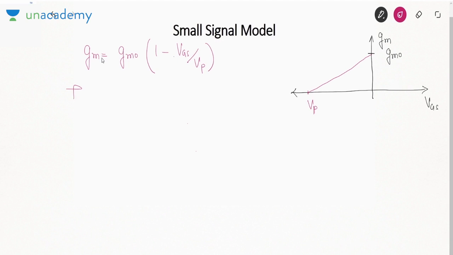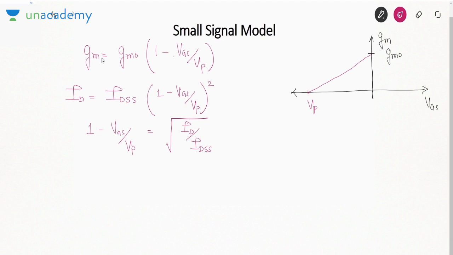Now one more relation that I know: ID is IDSS times (1 minus VGS by VP) whole square, which means I can write 1 minus VGS by VP as under root ID over IDSS.